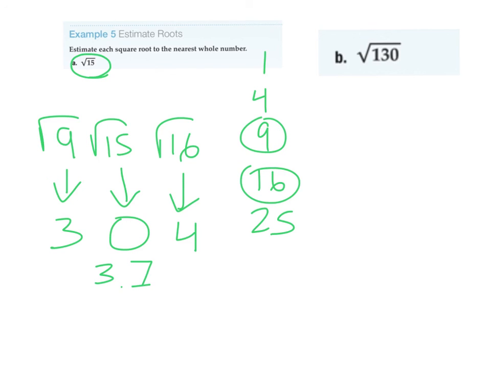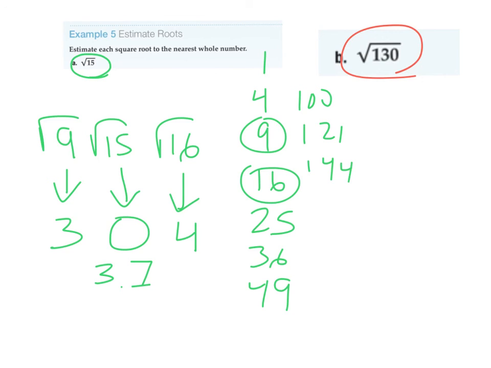So let's look at this next problem over here, square root of 130. Well, if I keep going with my square roots, this is 36, this is 49, and we're going to need to skip ahead. We have 100, 121, 144, and now I found 2 numbers that it's in between.